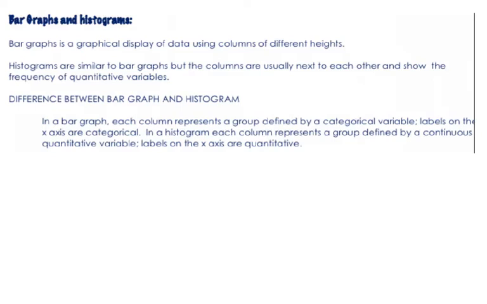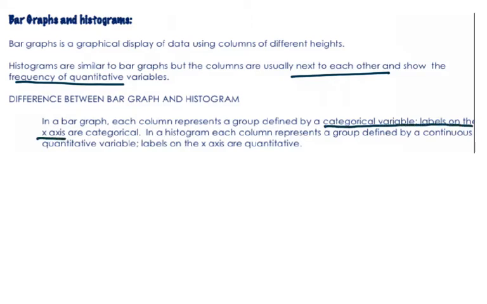Bar graphs and histograms. A bar graph is a graphical display of data using columns of different heights. Histograms are similar to bar graphs, but the columns are usually next to each other and they show the frequency of quantitative variables. So the difference between a bar graph and a histogram: in a bar graph, each column represents a group defined by a categorical variable.